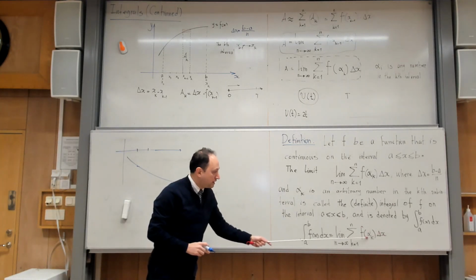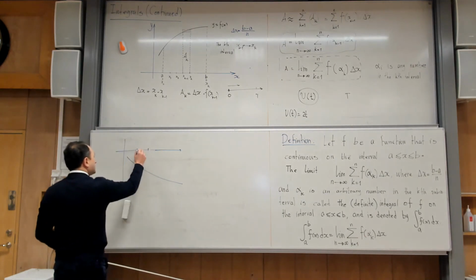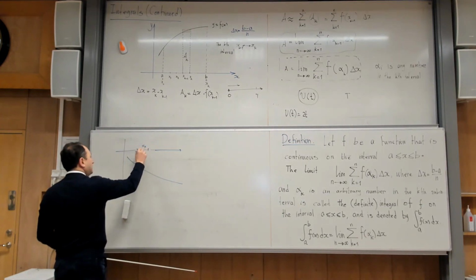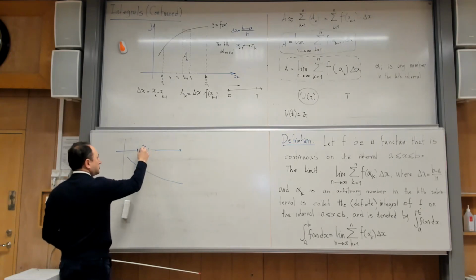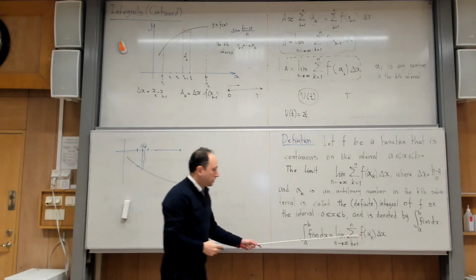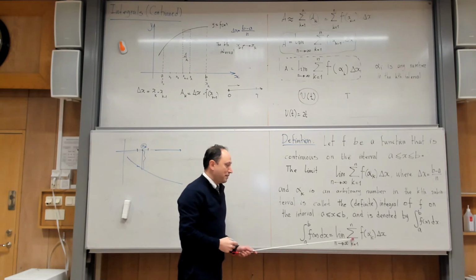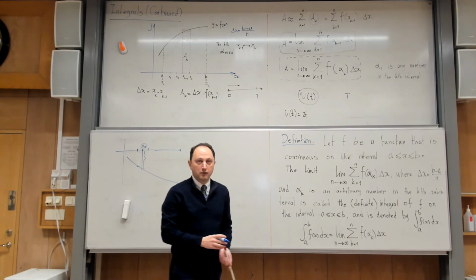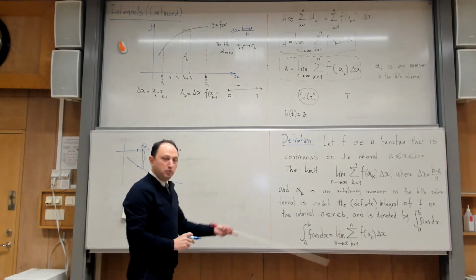But f of this number sometimes can be negative. If alpha k is this one, f of alpha k is a negative number. And assume that this is my function, so all the f of alpha k's are negative. All of them are negative, this number is positive, so I have a bunch of negative numbers that I am adding. And then definitely I will get a negative number. So be careful, the integral can be negative.